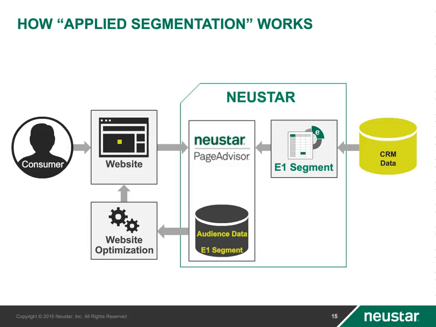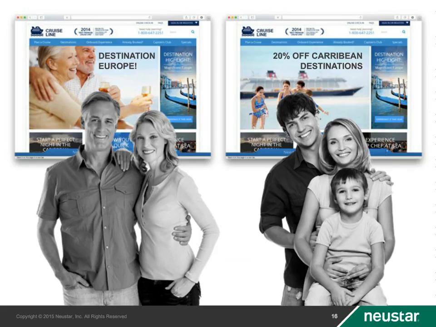So let's take an example further that Doug walked through. We have a cruise line, and they've gone through this process of segmenting their anonymous site traffic, and then they want to apply this in a one-to-one kind of fashion. So first, they're going to use that CRM data that they're getting from their frequent traveler program to model the types of attributes that they would want to use to create different segments for differentiated treatment.